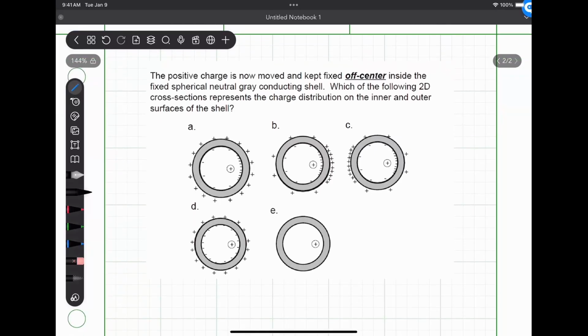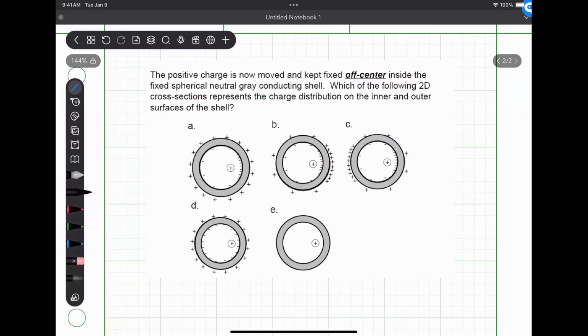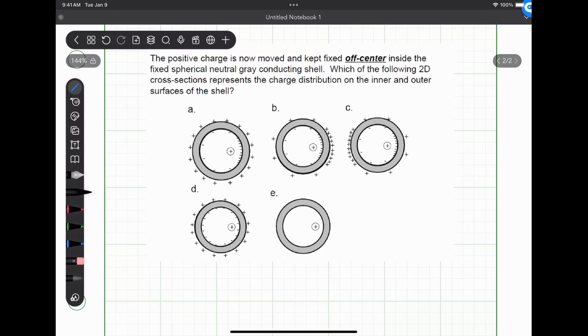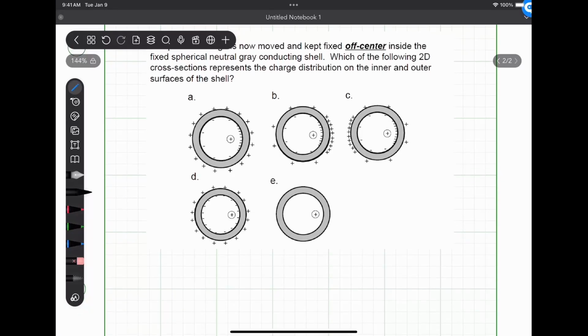Moving on to the second case where we have an off-center spherical shell. Now this question is a little bit harder because, as I said, like charges repel, and opposite charges attract.